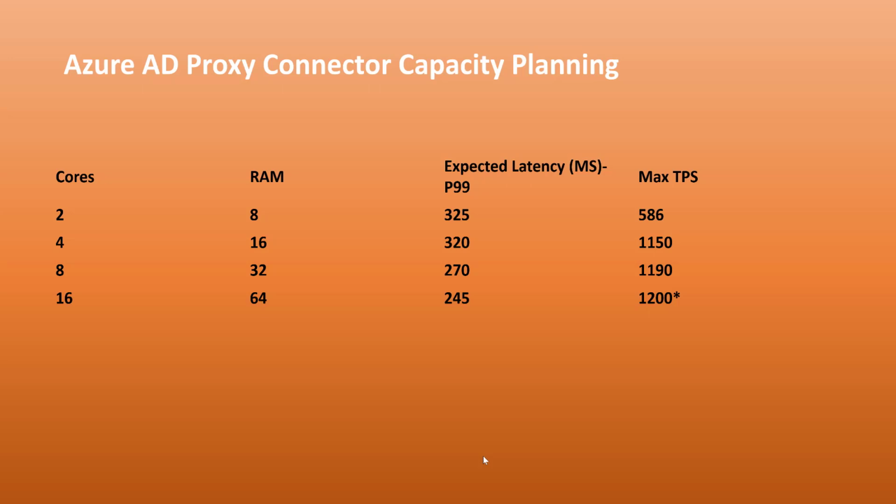Keep in mind, when we deploy the Azure AD Proxy connector, which we're going to demonstrate in a few minutes, that it has automatic load balancing in the connector group, so you can have multiple servers running Azure AD Proxy connectors, and they are automatically load balanced as long as they are in the same connector group. This gives you a fairly good idea of your requirements to go forward, plan and design, and deploy your AD proxy infrastructure architecture in your environment.